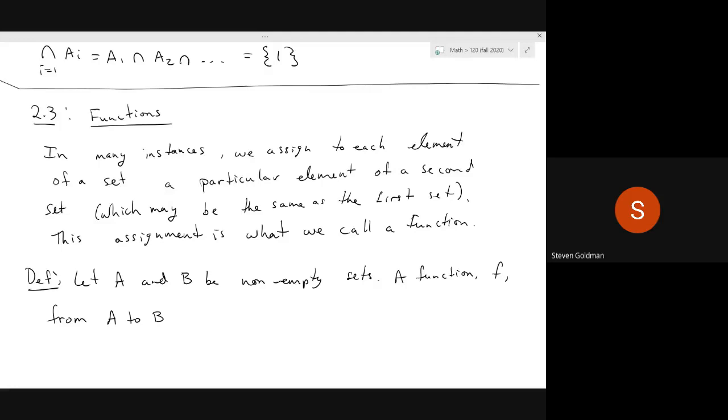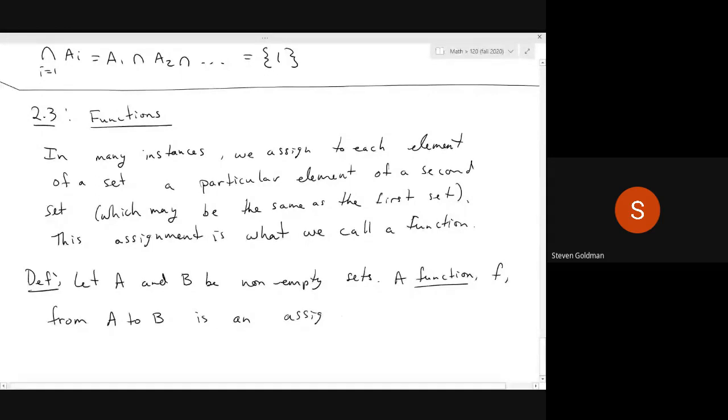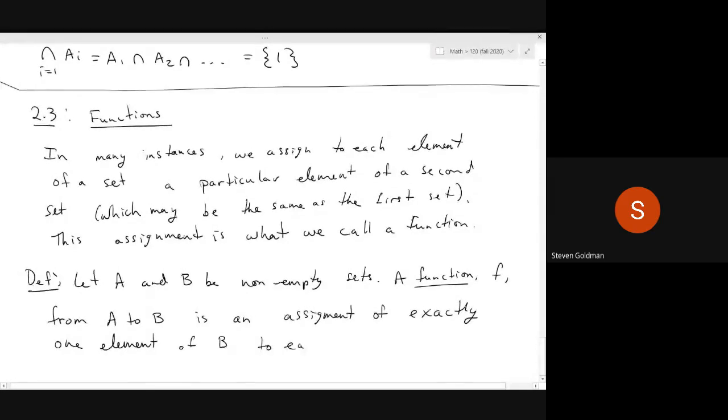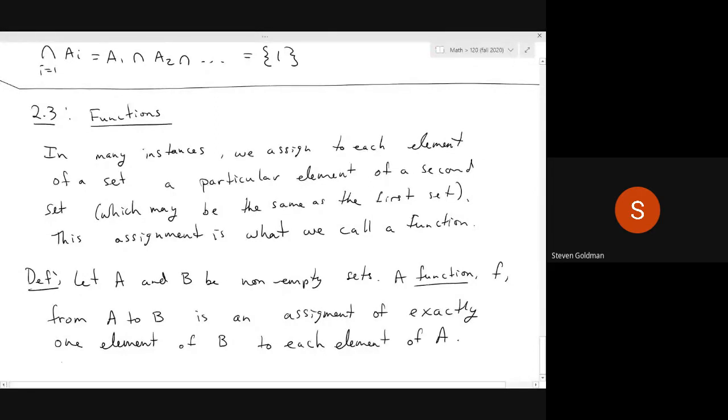A function f from A to B is an assignment of exactly one element of B to each element of A. Stressing the words exactly one in each. So a function f from the set A to the set B is an assignment of exactly one element of B to each element of A.